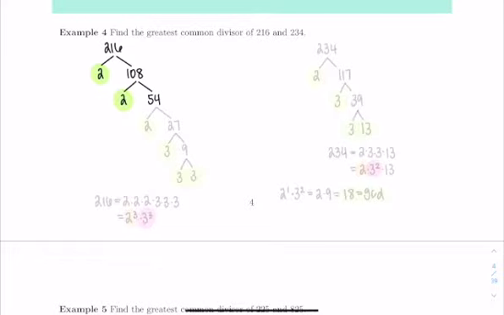And 54 can be broken down, which is 2 and 27. 27 can be broken down into 3 and 9. And 9 can be broken down into 3 and 3.